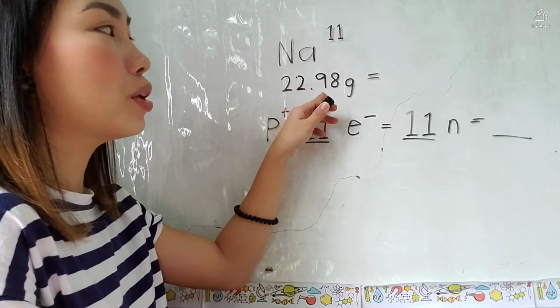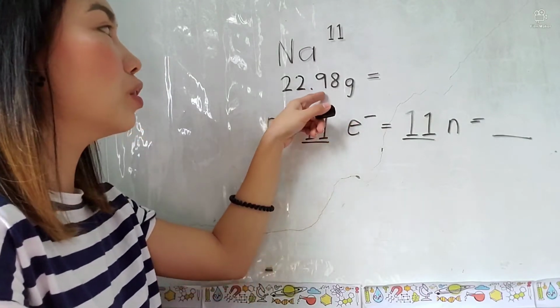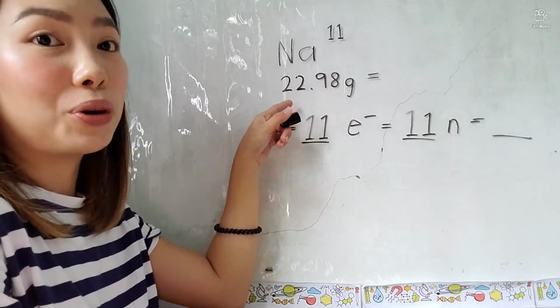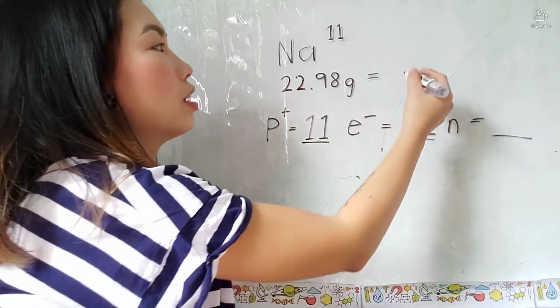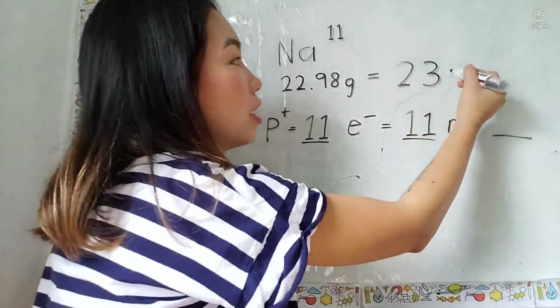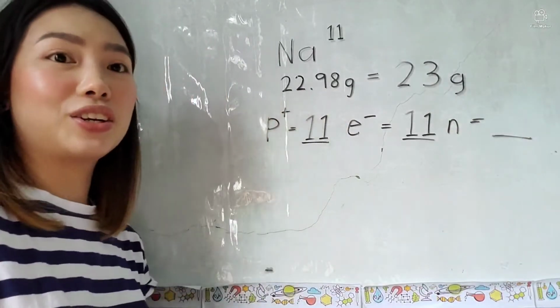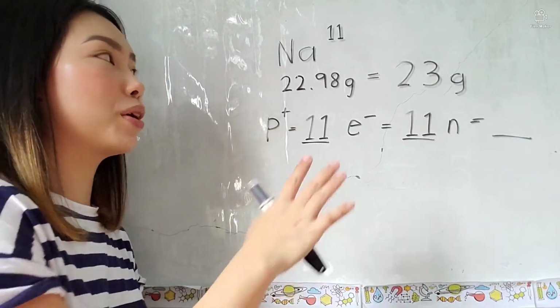Since 9 naman yung kasunod niyang number, we can add 1 to the number before 9. So, kapag ni-round natin, yung 22 natin magiging 23 grams. So, yung ating rounded mass number will become 23.